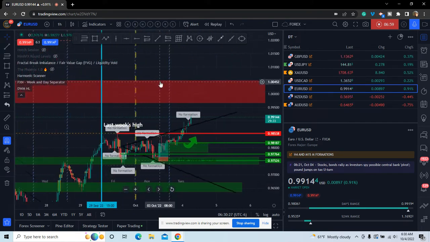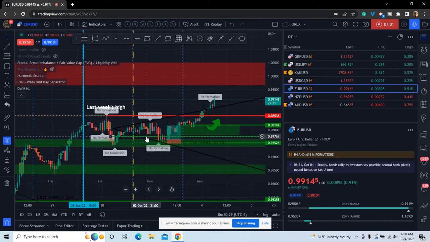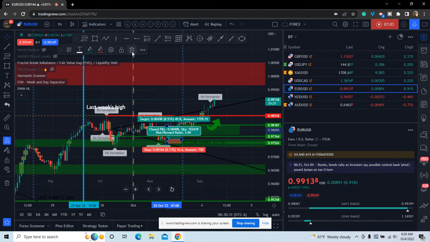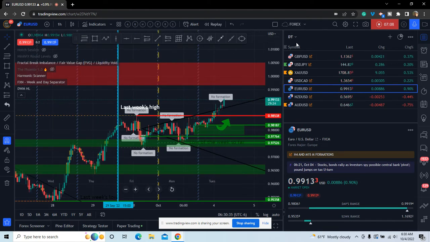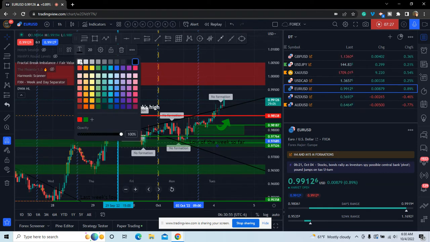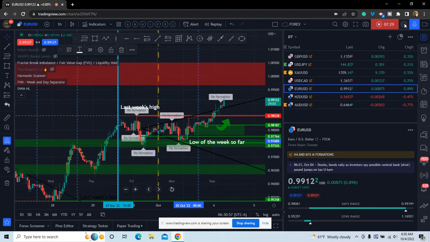So this will be pulling in breakout traders. We're heading up into the first quarter of the 99 handle, so this could be the potential for a peak formation or a short into the US session to test the low of the week that was made yesterday.